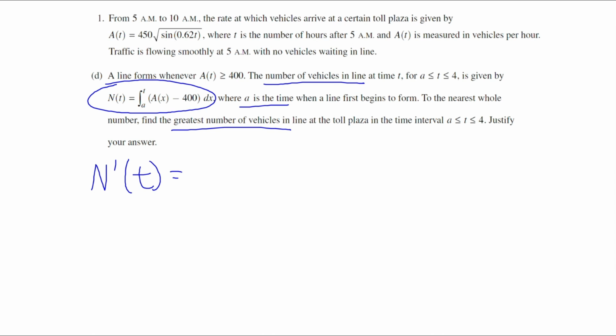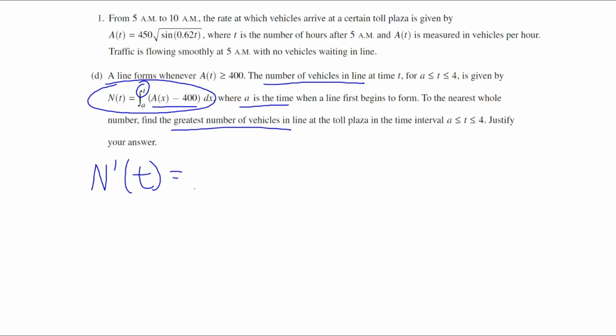The value here that we've got is a derivative of an integral from some constant a to t of a function. Well, that's the first part of the fundamental theorem of calculus. It says if you take the derivative of an integral from a constant to a variable of a function, you just get the function in that new variable.